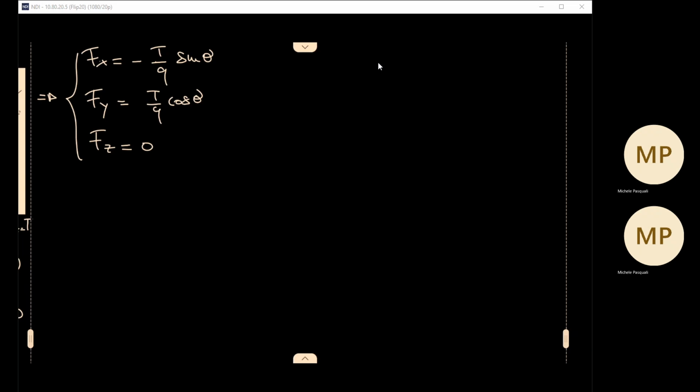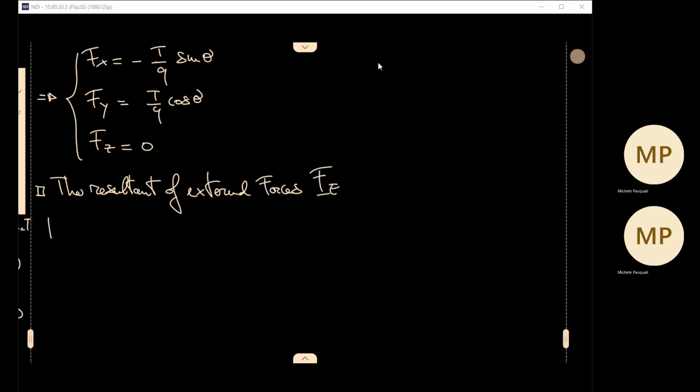Then the resultant of external forces that we call Fe, what is it? Our Fe is F, which is this force that we just estimated, plus m times g, the weight.